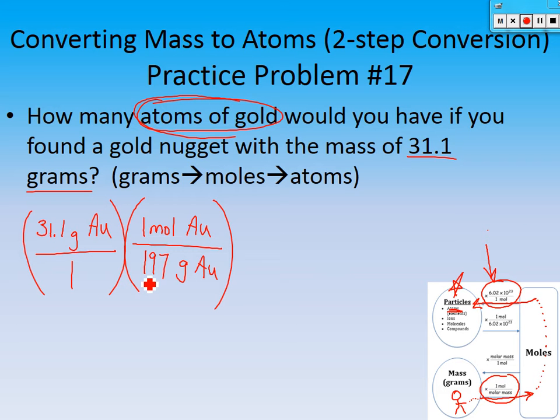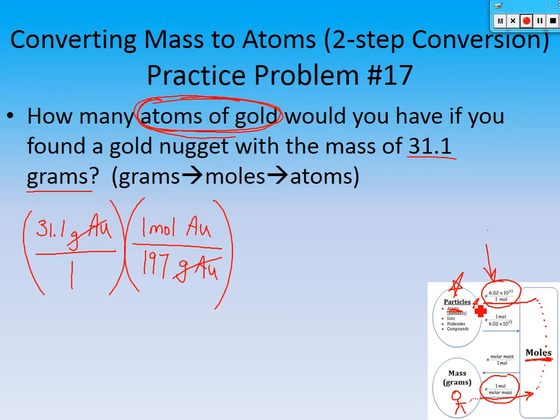Now, are there units that can cancel out, guys? Yeah, my grams of Au divided by grams of Au cancels. And if I stopped right here, that would tell me how many moles of Au I have. Can I stop there? No, because it wanted to know how many atoms that would be. So let's keep going. I'm right now at moles. What do I have to do next?